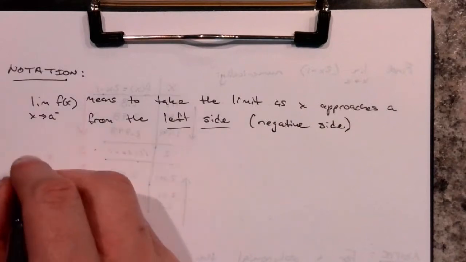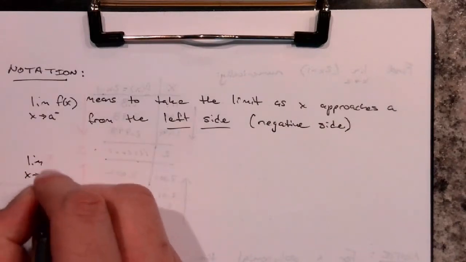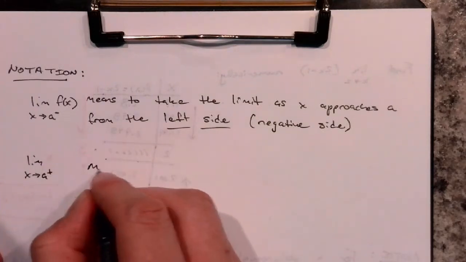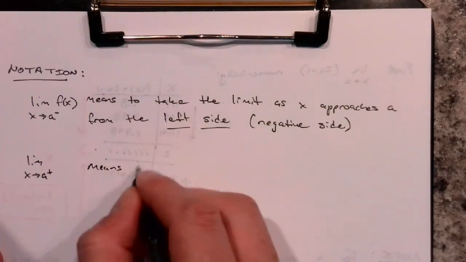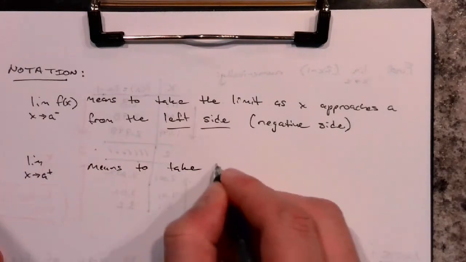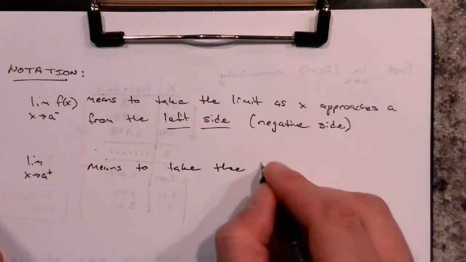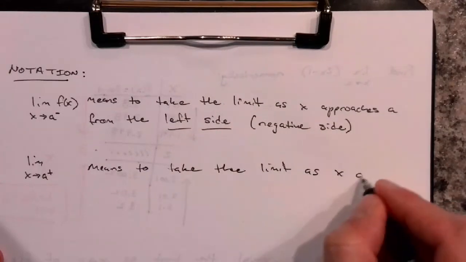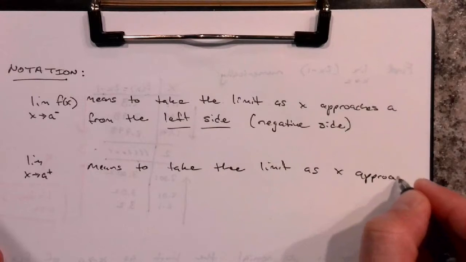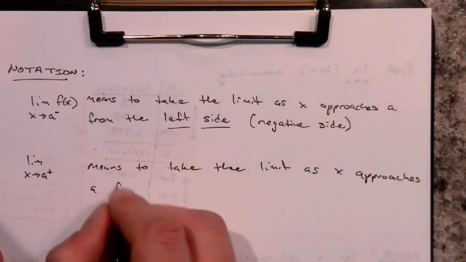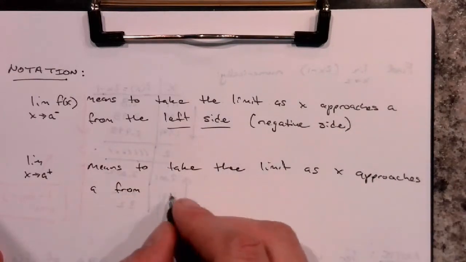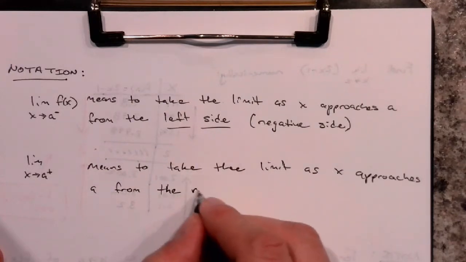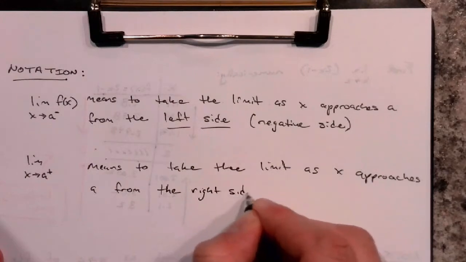And similar but different, the limit as x approaches a, little plus up there, means to take the limit as x approaches a from the right side.